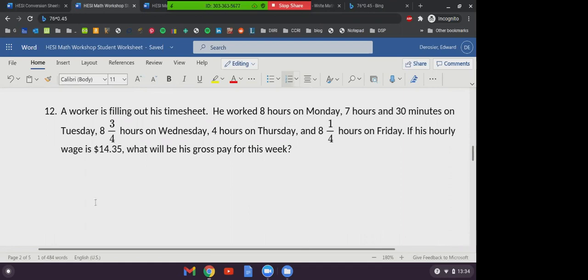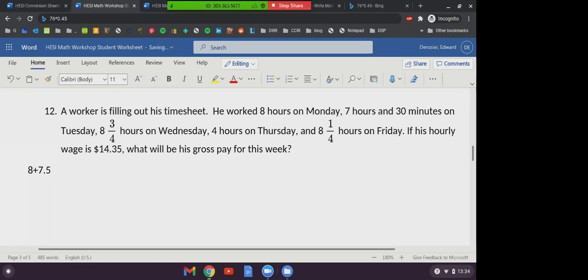Okay, so to me, the easiest way is to convert all the hours into decimals. So we'll make Monday be 8, right? That's easy. Tuesday, 7 hours and 30 minutes. So that's going to be 7.5 hours for Tuesday. 30 minutes is half an hour, and half an hour is 0.5. It's not 0.3. Okay, so 7.5 hours.